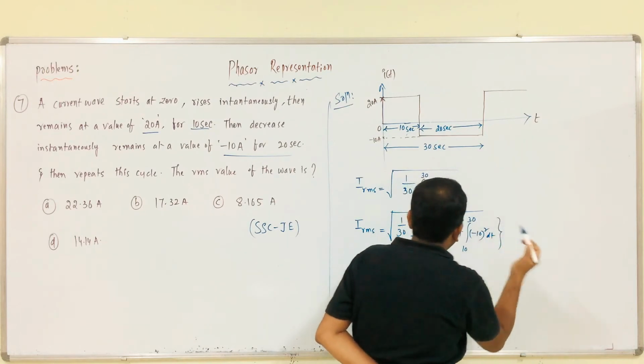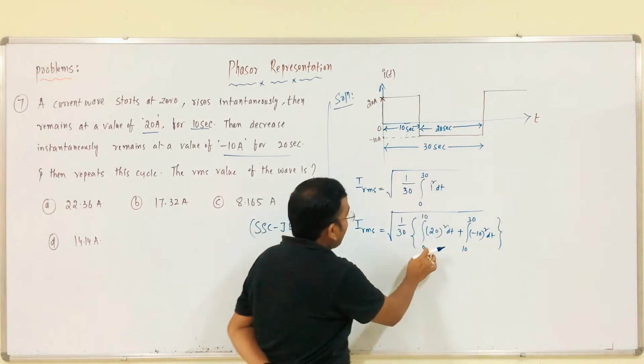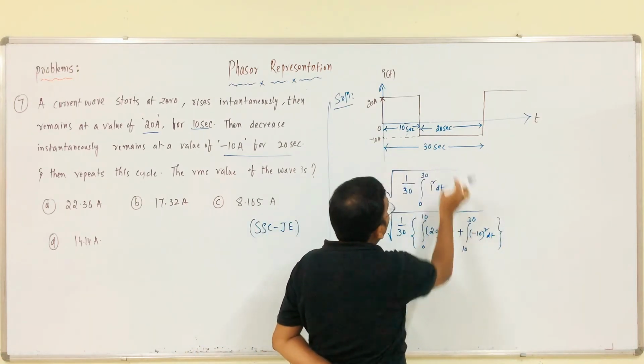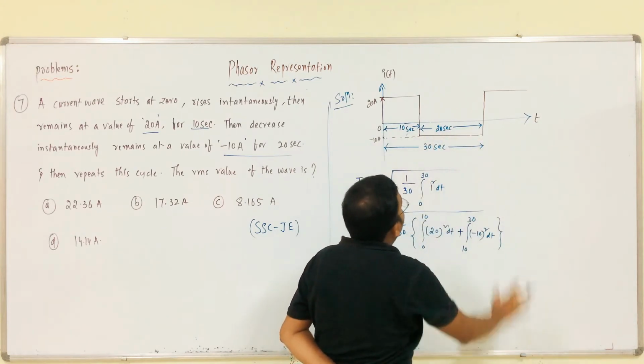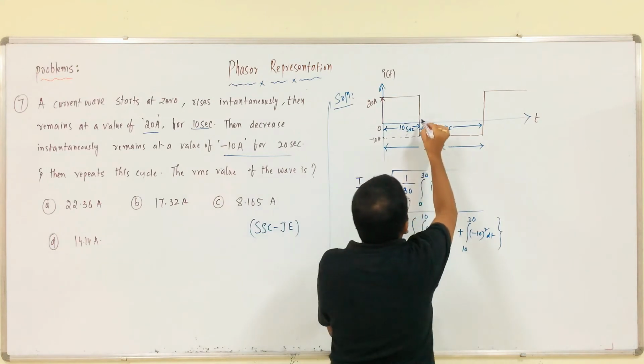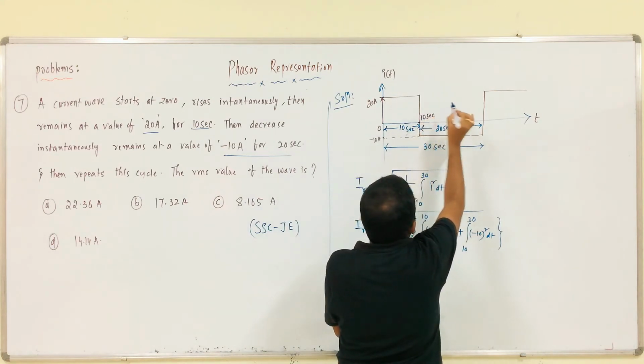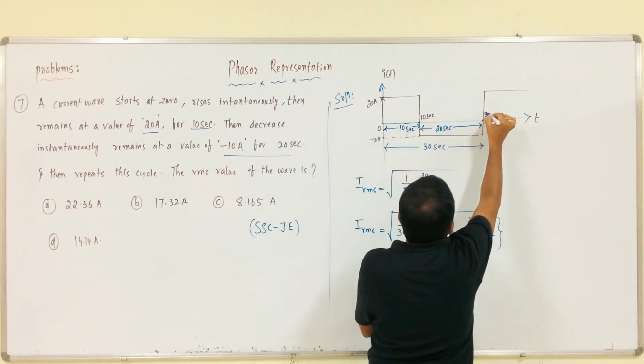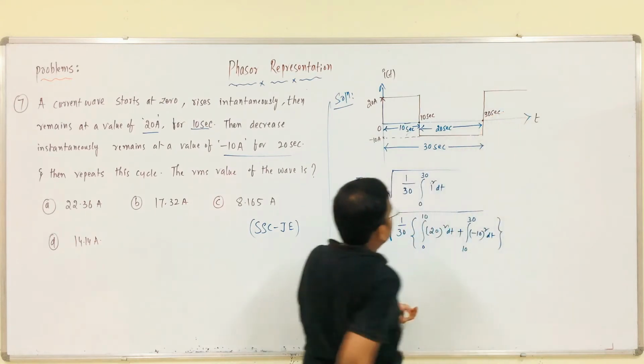That is it. From 0 to 10 seconds we have a current of 20 amperes. From 10 to 30 we have minus 10. Clear? This is 10 seconds, this is 30 seconds.